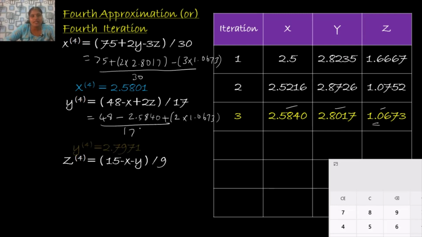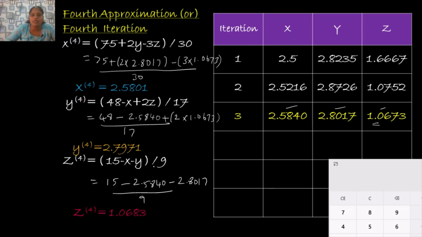Simplifying this you get the value of y as 2.7971, and we calculate the value of z, 15 minus x 2.5840 minus y value 2.8017 over 9, and you simplifying this you get 1.0683.